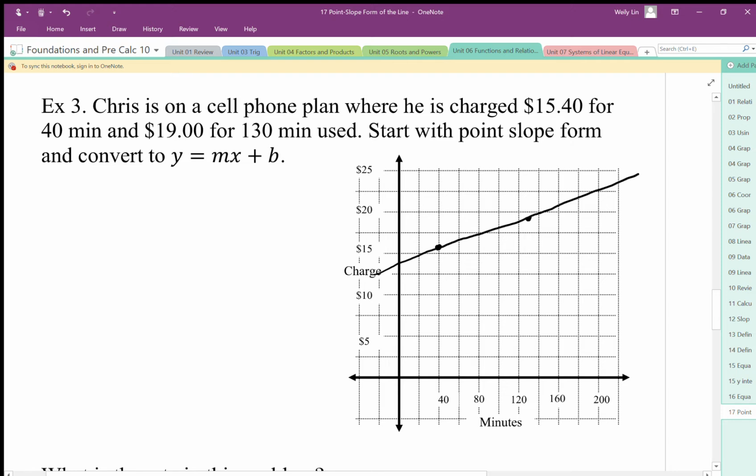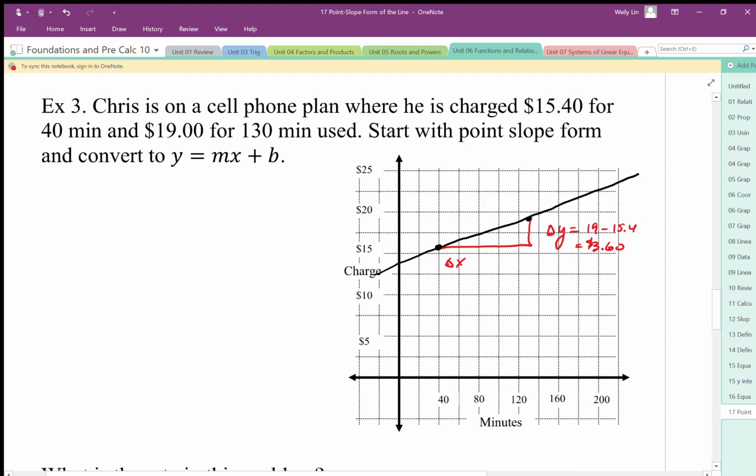This linear relationship has a slope, so we always try to start with slope when we can. The change in y is going to be 19 minus 15.4. So I've gone up $3.60. That's my increase in charge.